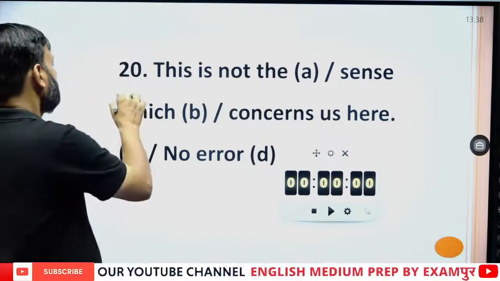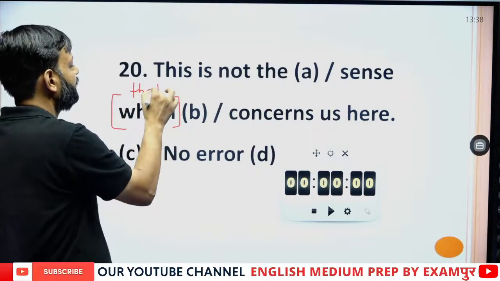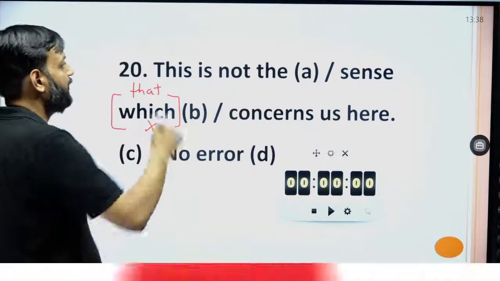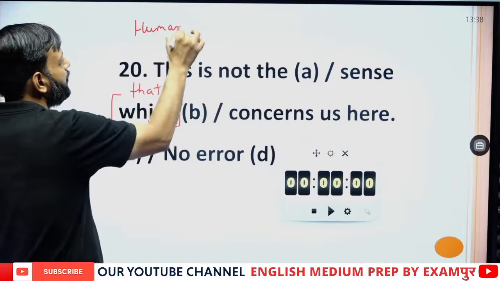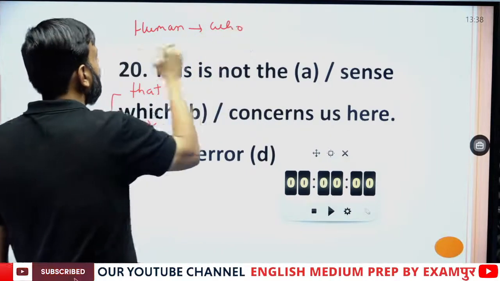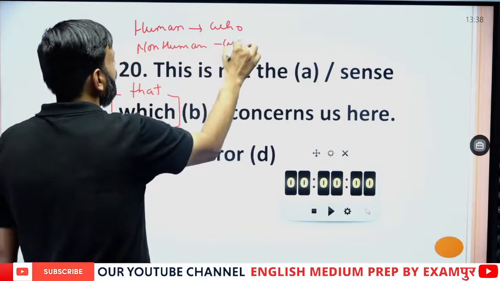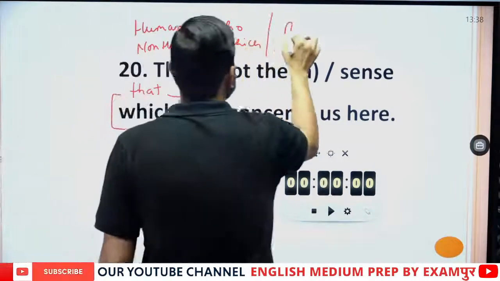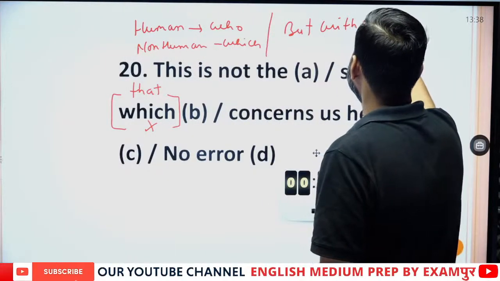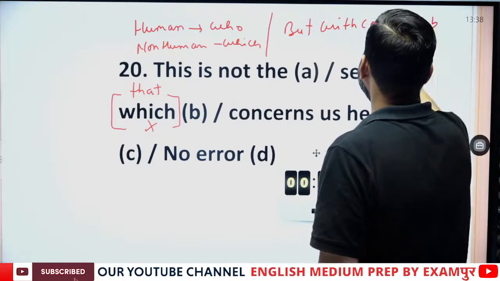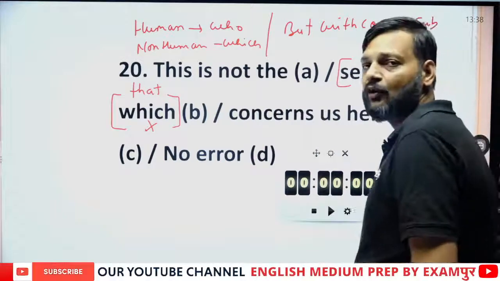In this sentence, "which" cannot be used; in place of which we need "that". I told you that for humans we use who, for non-humans we use which, but with a common subject we use that.